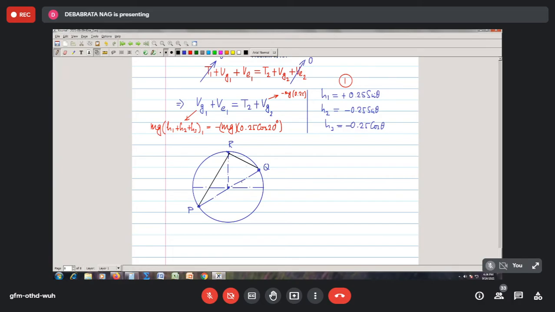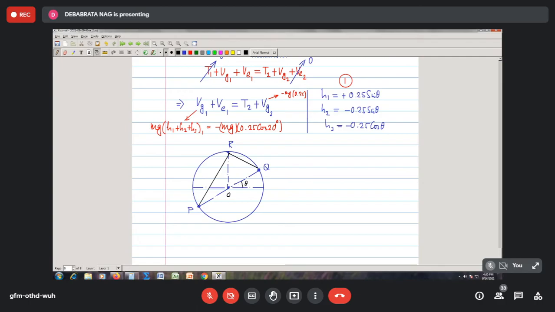We know that this is an angle, let us call it theta. So I need to calculate these two lengths, RQ and RP, when I know this OR. OR you can take as 0.25 meter. So see, this is theta.